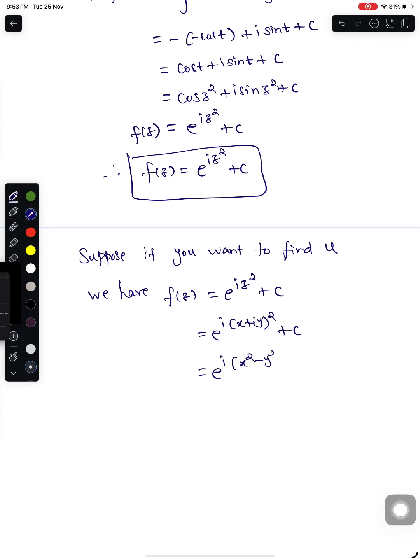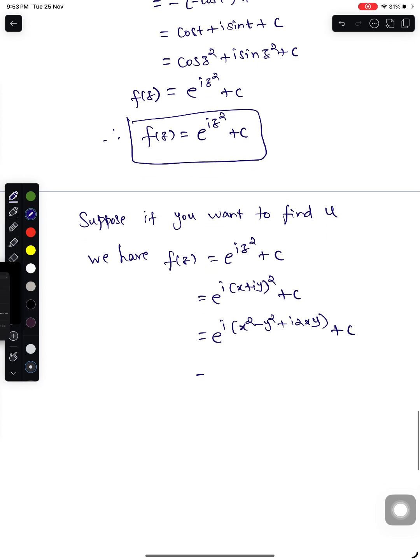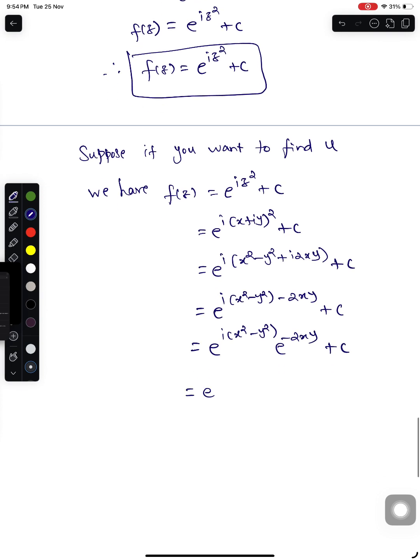Now you can expand x plus i y whole square as a square plus b square plus 2ab, that is x square minus y square plus i into 2xy. So you can multiply this i inside: i into x square minus y square, and i into i becomes i square, which is minus, so minus 2xy, plus c. So e power i into x square minus y square, e power minus 2xy plus c.